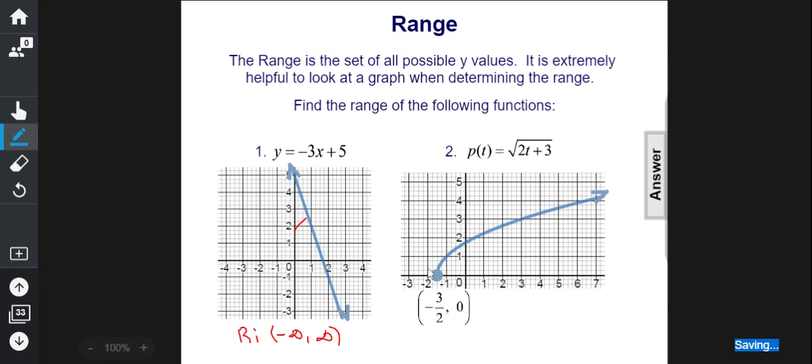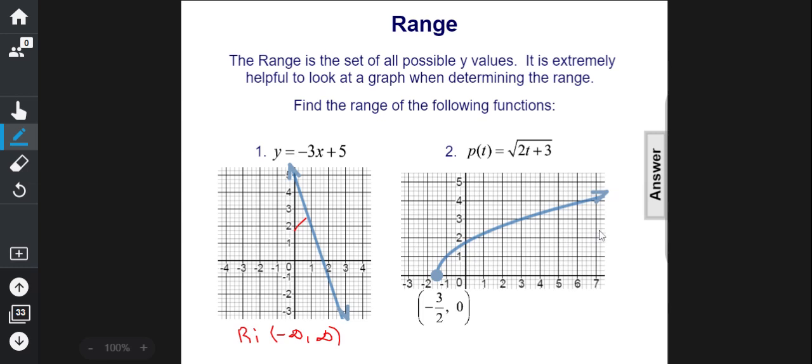In here, we have another example. Here we also have a radical. If you plot that out on the graph, you'll get that your lowest value, you can see, is negative 3/2, comma 0. And you know that this cannot be below 0. You can use that information to help you out a little bit as far as your domain, right?